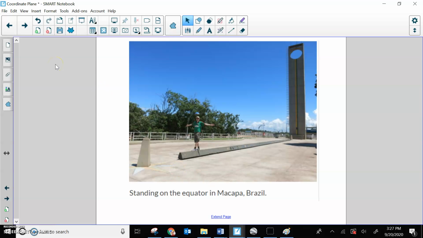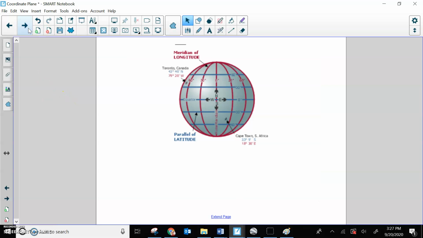Speaking of the equator and the prime meridian and all those lines that we see, remember latitude's going horizontally, and every line of latitude has a distance of 1 single degree. So it's measured in degrees. It's not measured in miles or anything.